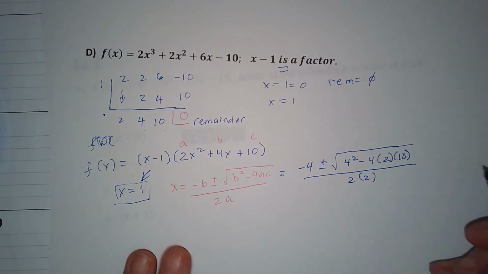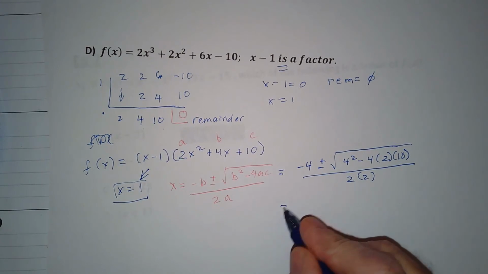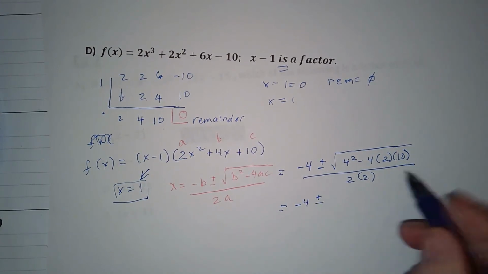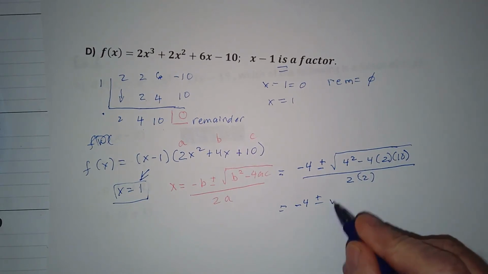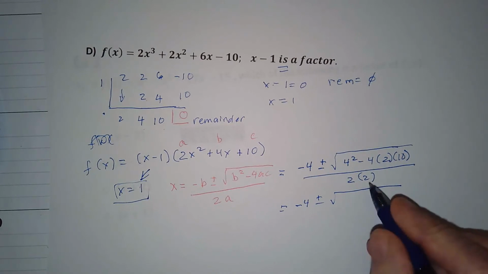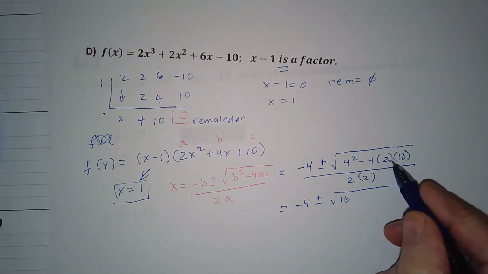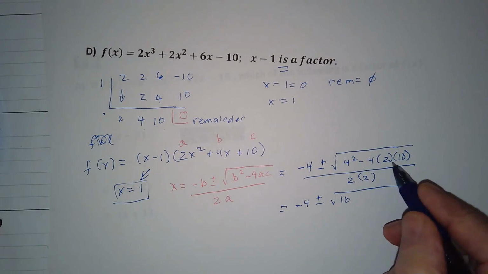Okay. All right, so this equals negative 4 plus or minus, well, let's see, 4 squared is 16. Let's just do it this way. 2 times 4 is 8. Or 2 times negative 4 times 2 is negative 8.